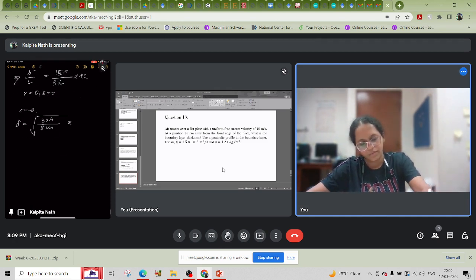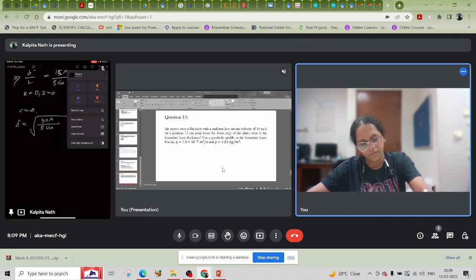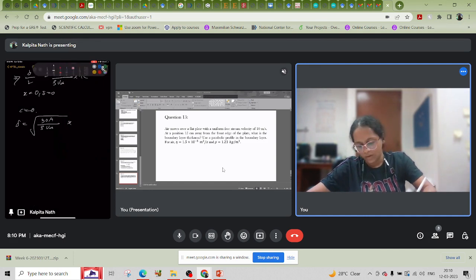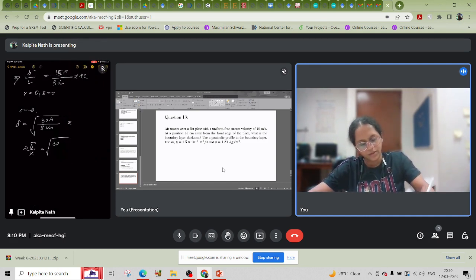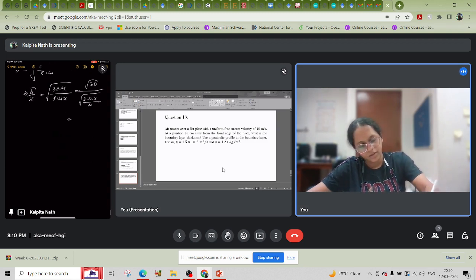Or delta by x is equal to root over 30 mu by rho u infinity x, is equal to root over 30 by root over rho u infinity x by mu, is equal to 5.48 by root over Reynolds number.